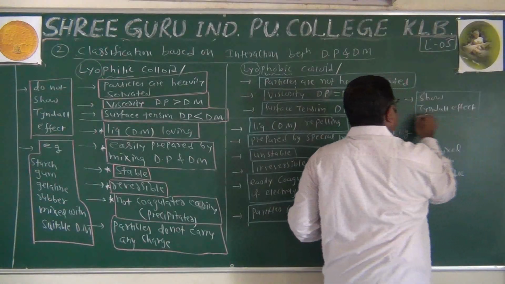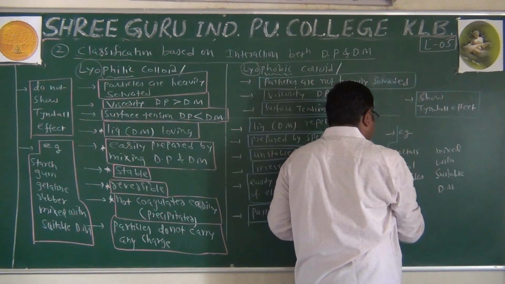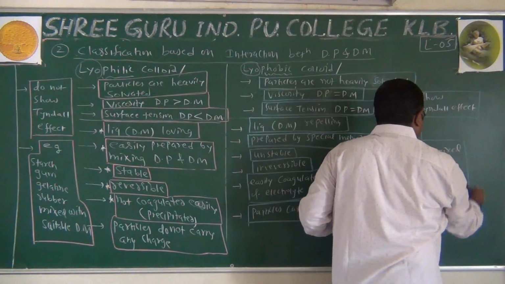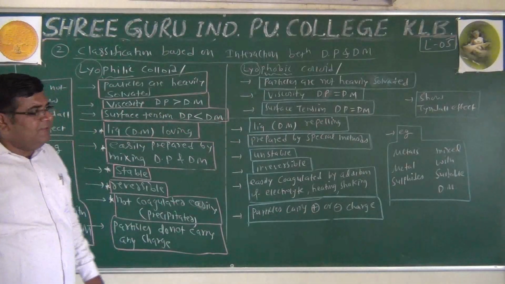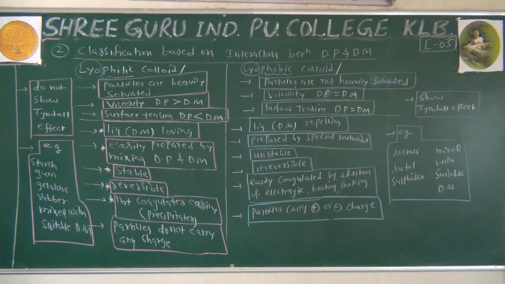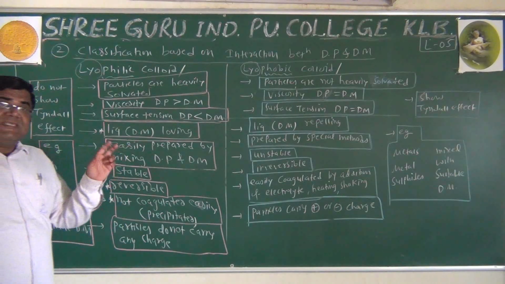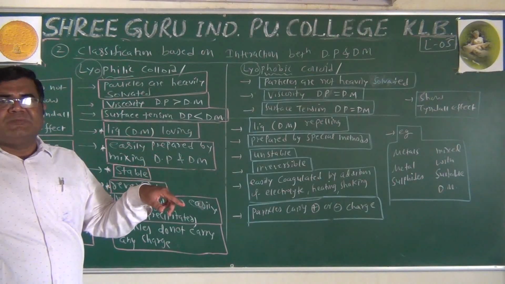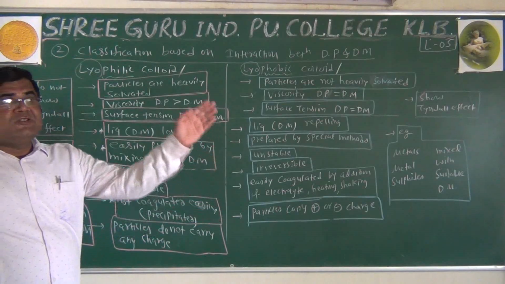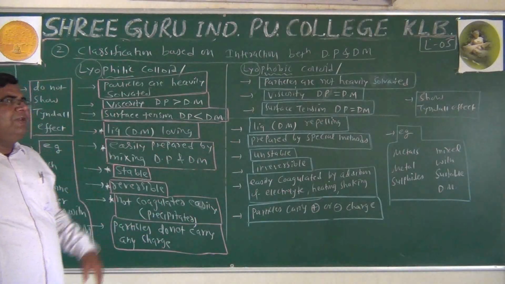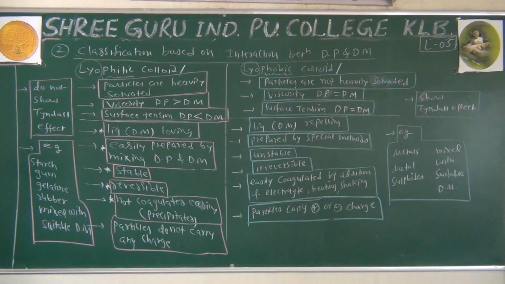They exhibit the Tyndall effect, and the example is metals or metal sulfides mixed with a suitable dispersion medium. Suitable means one in which that particle can be dispersed. It should not disappear. If it disappears, or the solution settles down, it is a suspension. It should be dispersed, and then only we get the colloidal system.